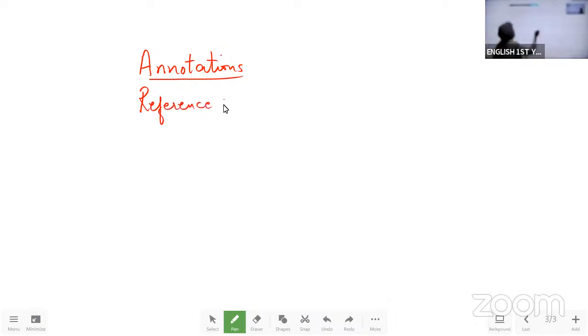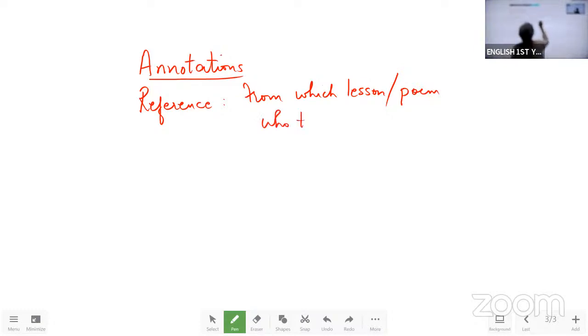From which lesson or poem it is taken, and who the author or poet is. This is enough for writing in reference.